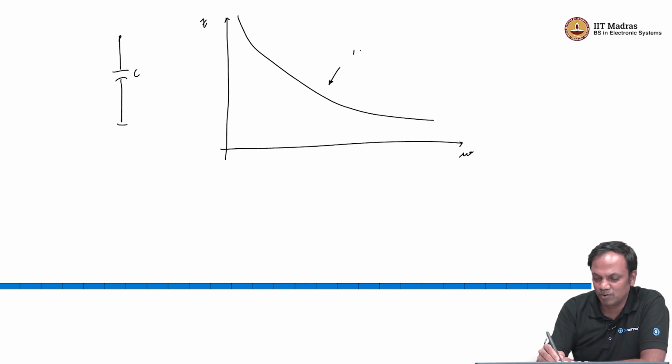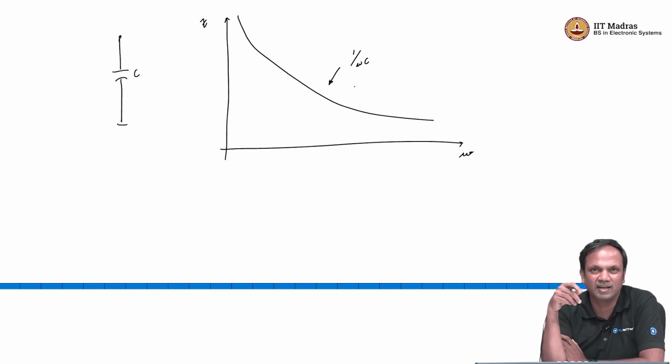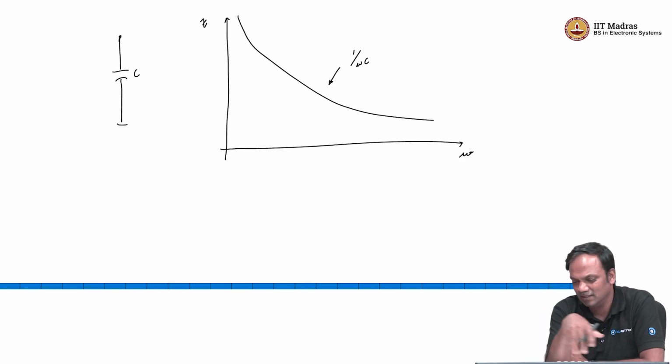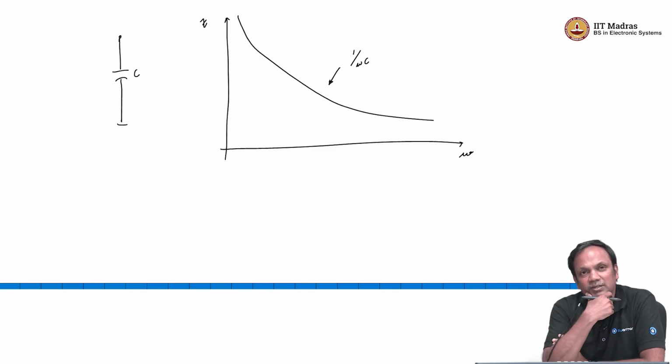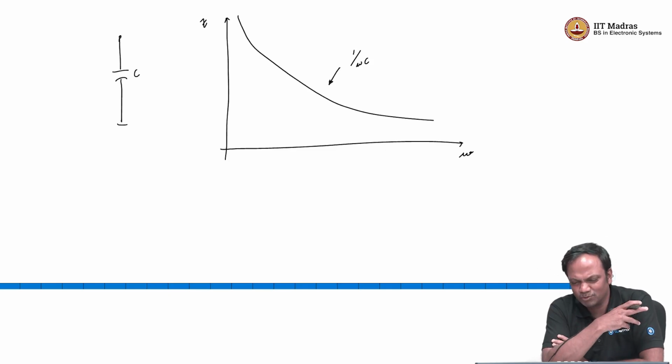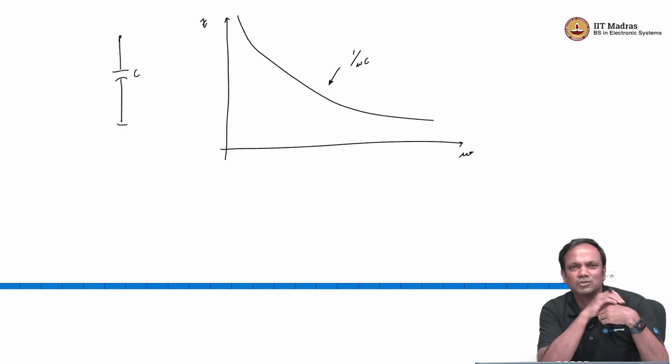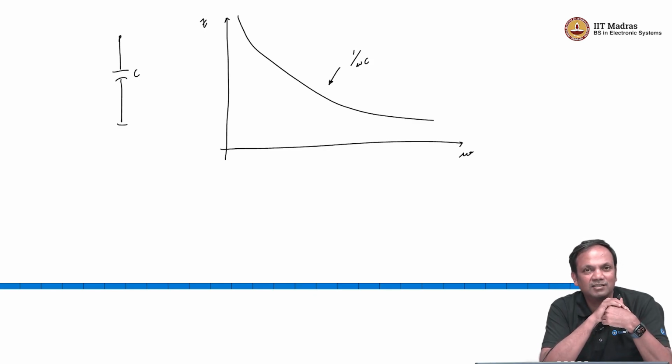This will be 1 over j omega C, we are talking magnitude of the impedance, so 1 over omega C, right. One case you can make is to say that I am just going to put a large capacitor at the output, and that is going to make sure that as I go to higher and higher frequencies, the impedance is going to drop, right.